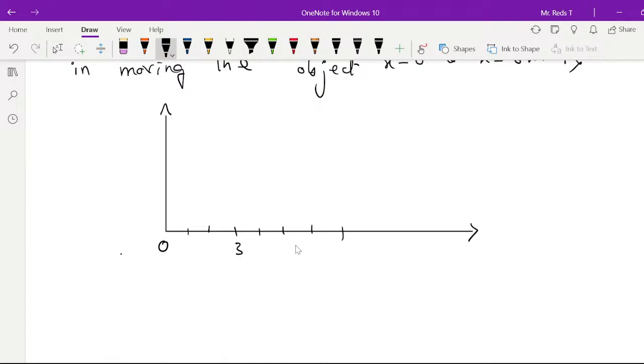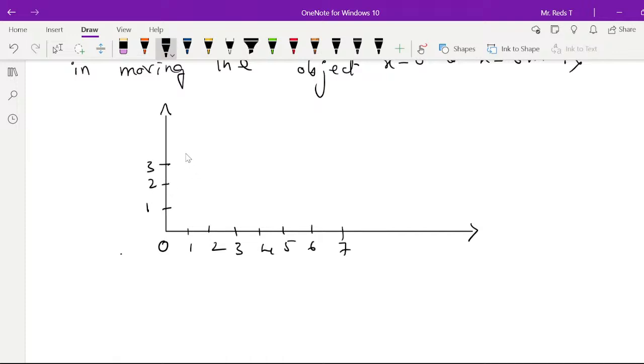Try to write down this calibration properly. Marking of these numbers on the x-axis is called calibration. And on the y-axis, 0, 1, 2, 3.